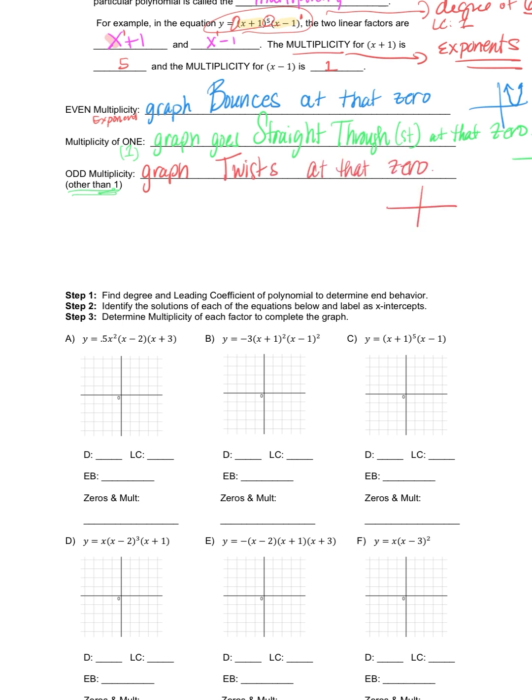So for example, your cubic comes and it twists, okay? Let me draw a better graph. So it twists, makes a twist. Thinking of a cubic will really help you.